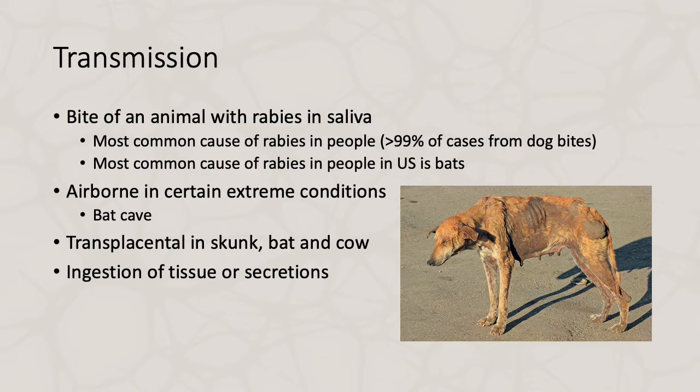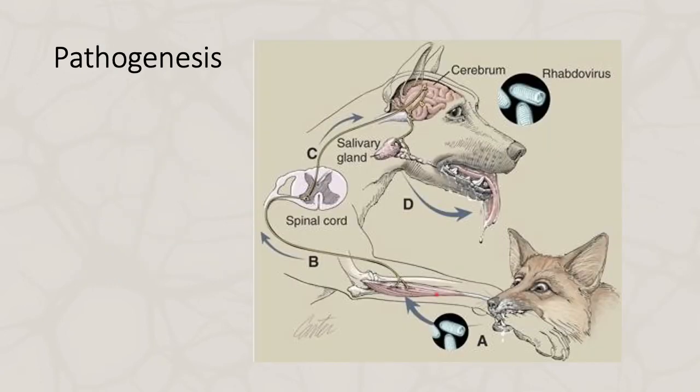You could also get it through transplacental infection, and this is thought to be from the more high-risk animals, so skunk, bat, and cow. Or if you have ingestion of tissues or secretions, and especially if you have wounds within your mouth.